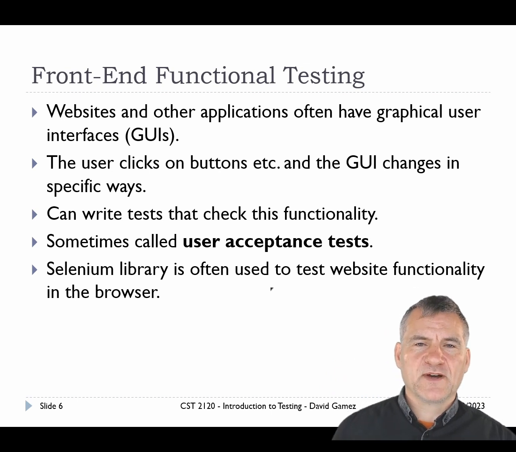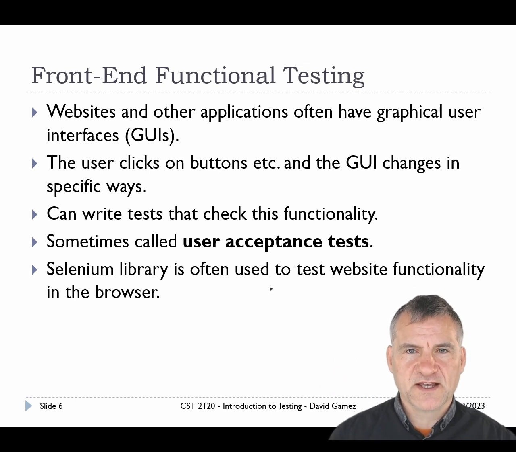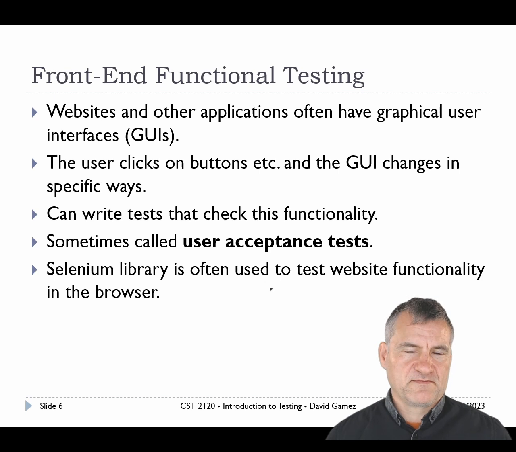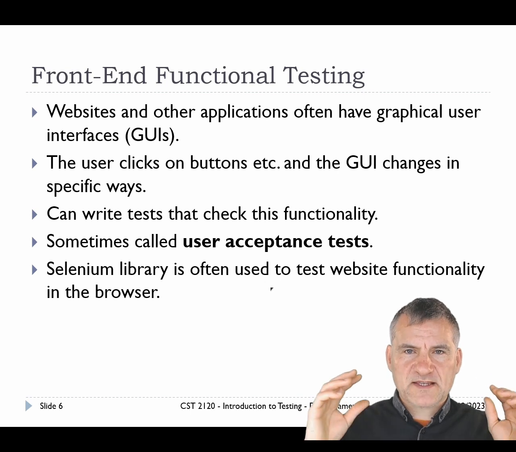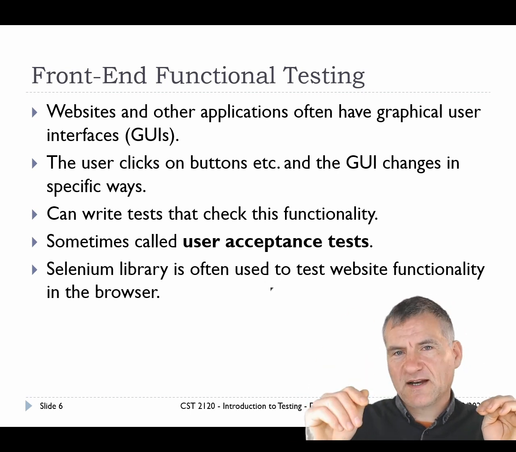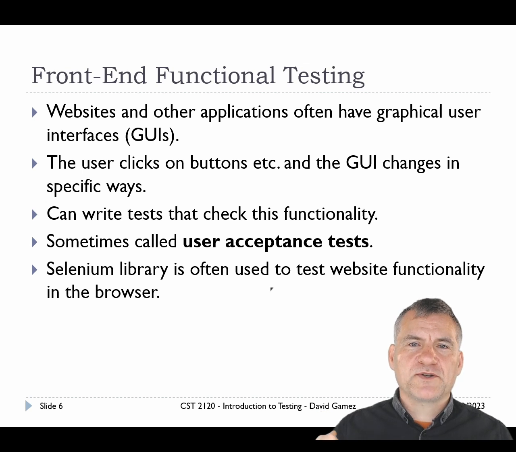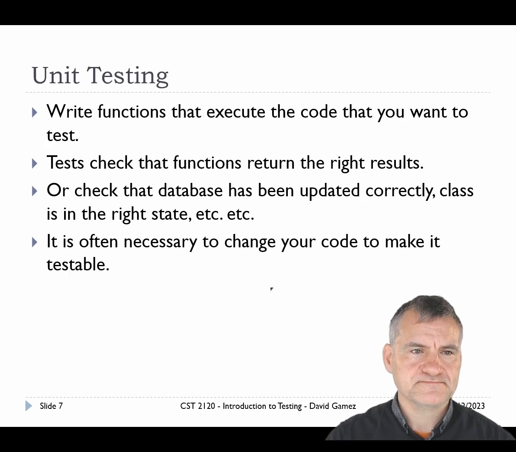And then we can write tests that check that this functionality is actually working from a front-end perspective. Sometimes these are called user acceptance tests. Selenium is a library that's often used to test these websites in the browser. In the browser, you can program it to enter data into the fields, click on buttons, and make assertions about what should happen when you do that, yeah.